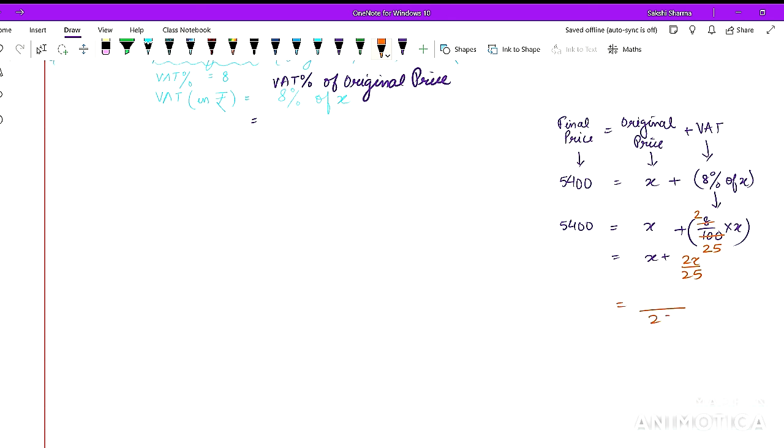Taking the LCM, you can find out X from here. This will come out to be 5,000 rupees.